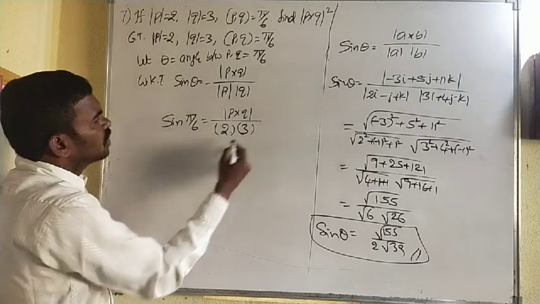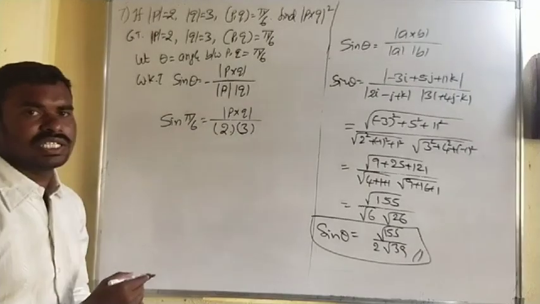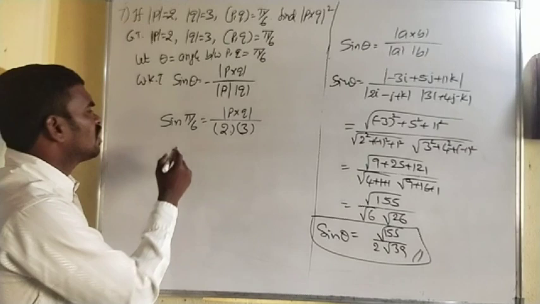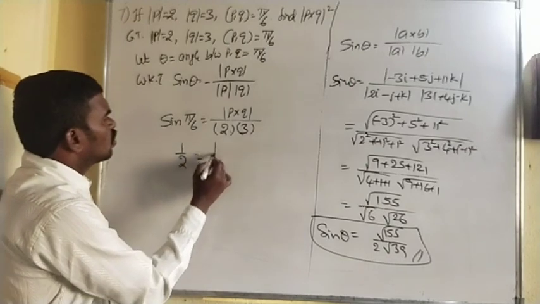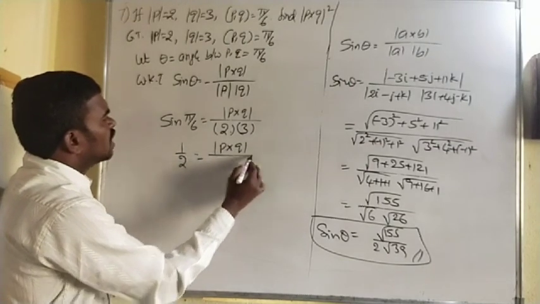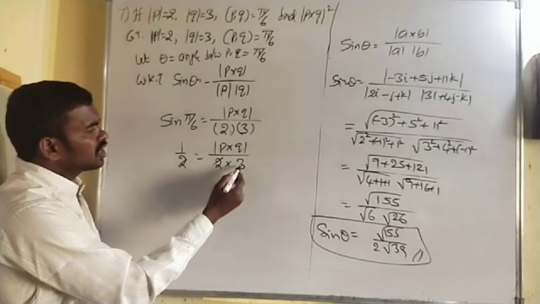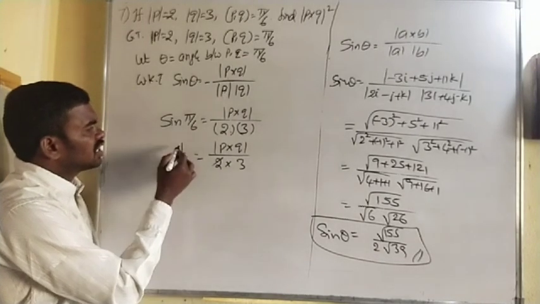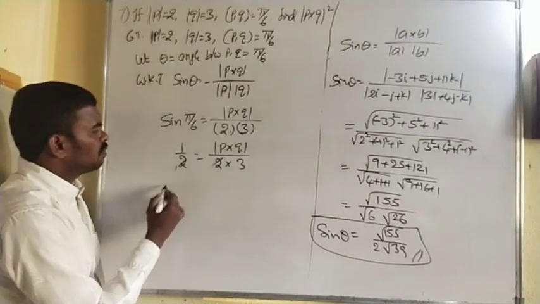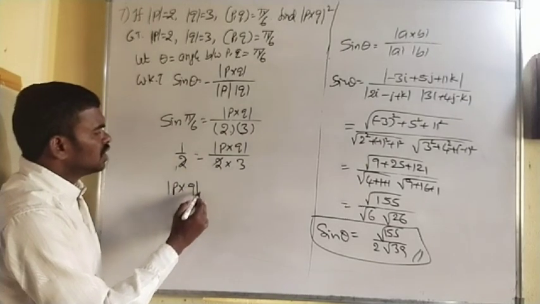So 2 into 3. What is sin pi by 6? Means sin 30. Sin 30 is 1 by 2. So 1 by 2 equals modulus p cross q by 2 into 3. Both sides we can cancel 2. So 3 on the left side, 3 into 1 is 3. So modulus p cross q is equal to 3.